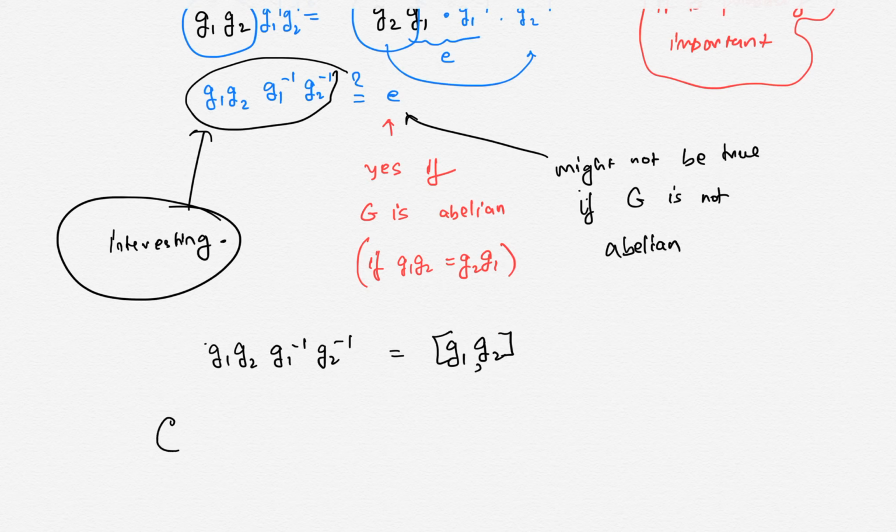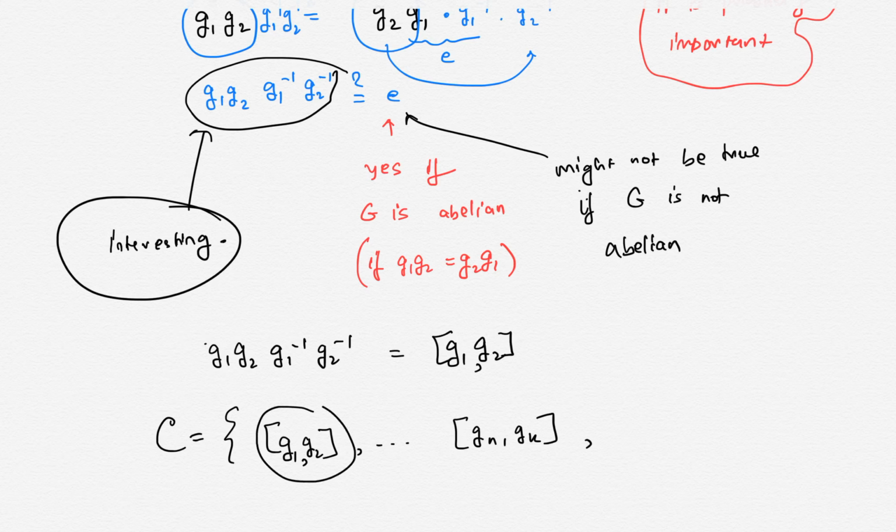You collect all the elements of this form, all these commutator elements, and you also take all possible products of them, like [g1, g2] times [g3, g4], maybe something like this, and their inverses.